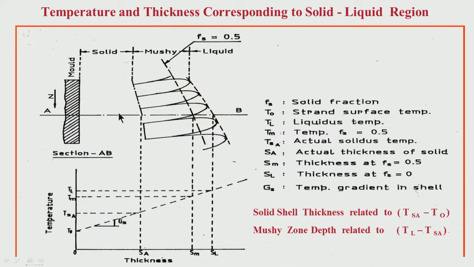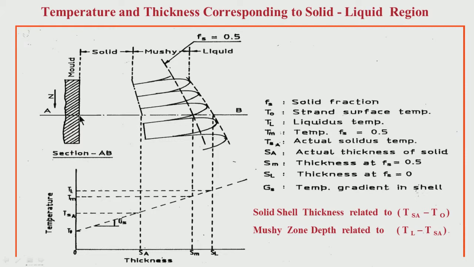If this becomes low, the mushy zone becomes wider and the solid shell becomes narrower. So the relative thickness of the solid shell and the mushy zone is determined by the relative temperatures, the liquidus temperature and the actual solidus temperature.